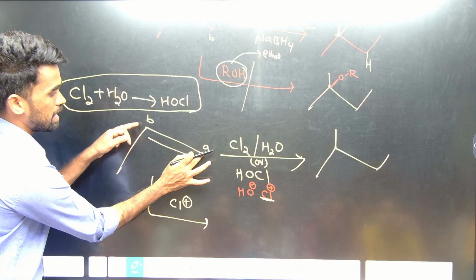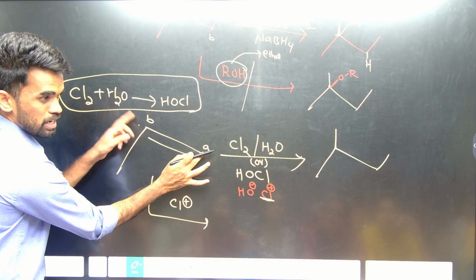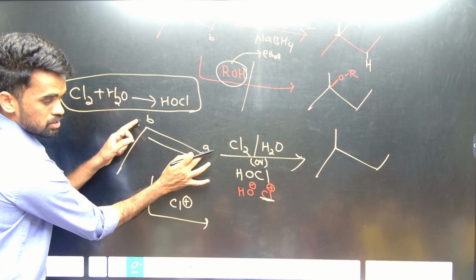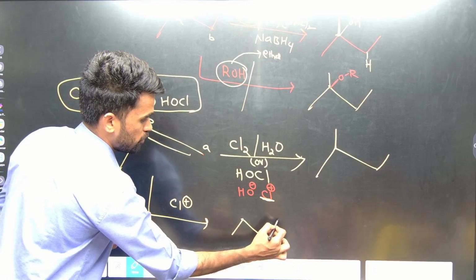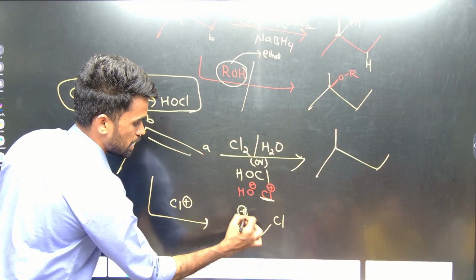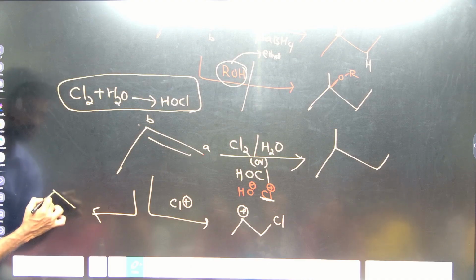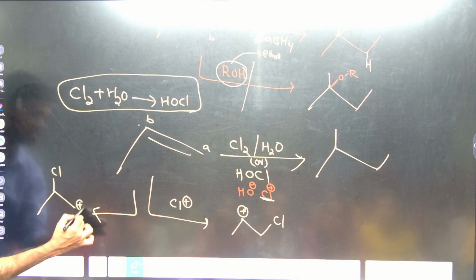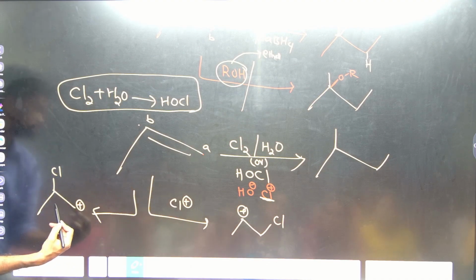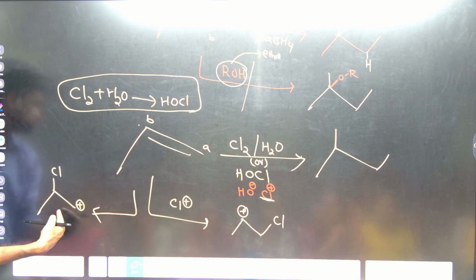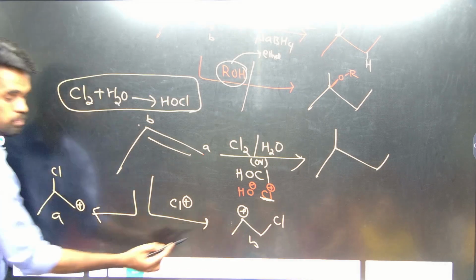If I add here, we'll get a secondary carbocation. Here if I add Cl, what is this? Secondary. If I add chlorine here, positive charge. Which carbocation is more stable, that one or this one? A or B? B is more stable now.